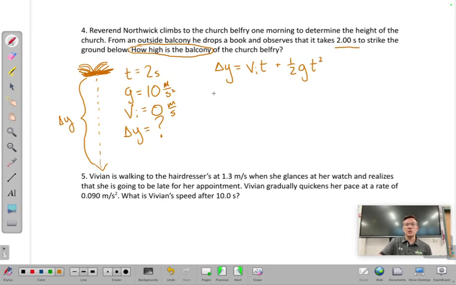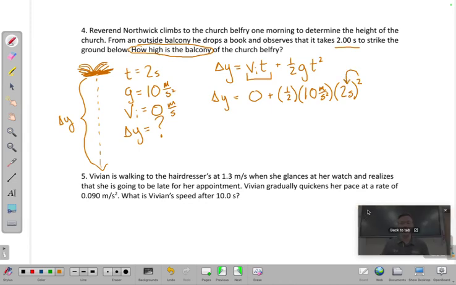Delta y is what we're solving for, which makes this easy. The initial velocity is 0, and initial velocity of 0 multiplied by anything is 0. So 0 plus, all of this needs to be multiplied together, 1/2 multiplied by 10 meters per second squared, and then multiply that by the time, 2 seconds squared. That squared is only applying to the 2 seconds, not anything else.